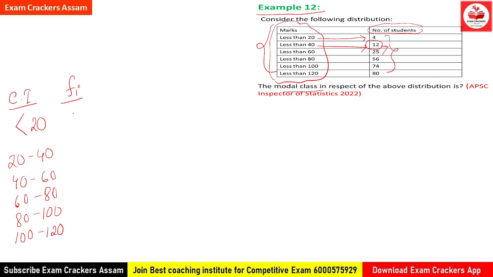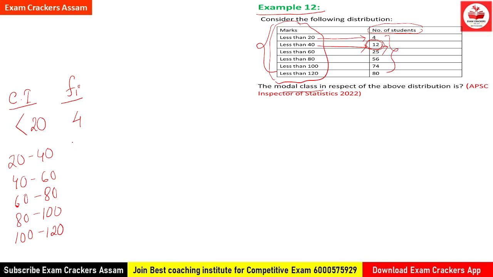For the first class interval, the frequency and cumulative frequency will be same, because marks less than 20, 4 students got. Okay. Then see in the next class, 20 to 40. Along with 20 to 40, 12 is given, and 12 includes the less than 20 also. Right.